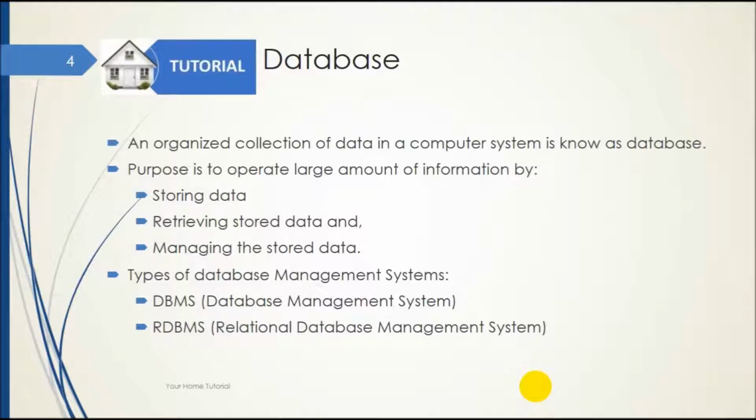That information might contain payroll, the skills the employee has, and basic information about the employee like his name, his ID in the company, his phone number, address, etc. All the information is kept together in one place in an organized manner, and that is known as an organized collection of information about the employees, all going into one database.